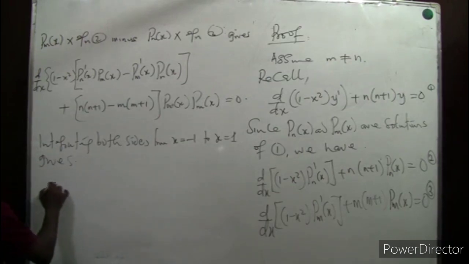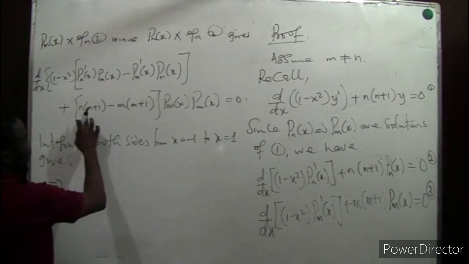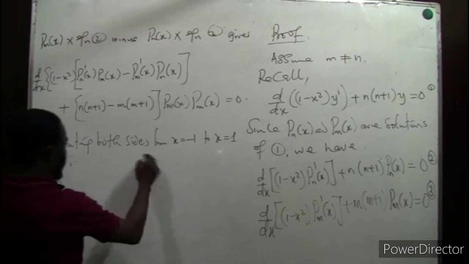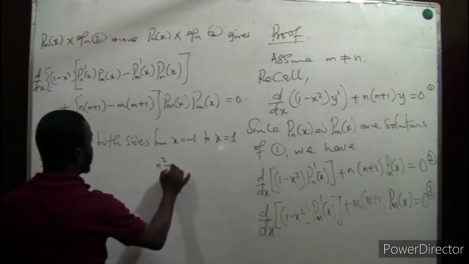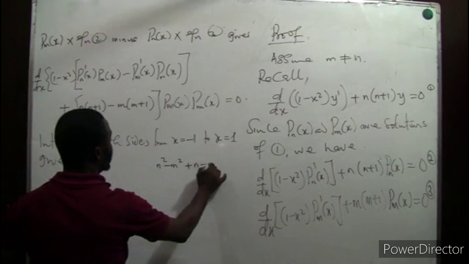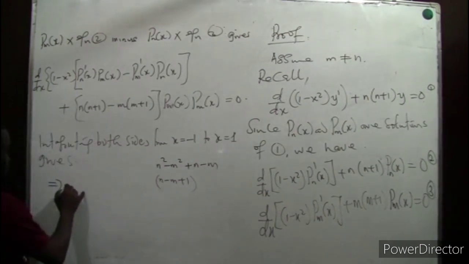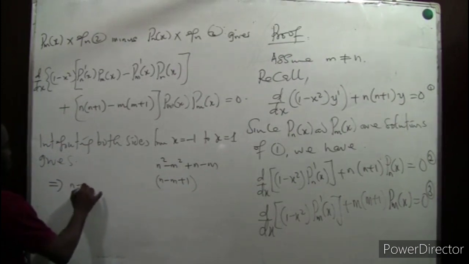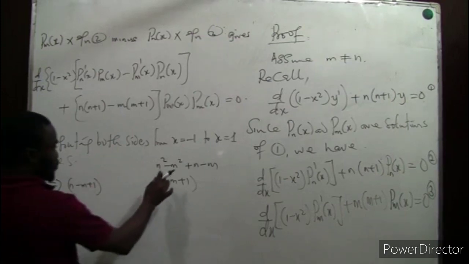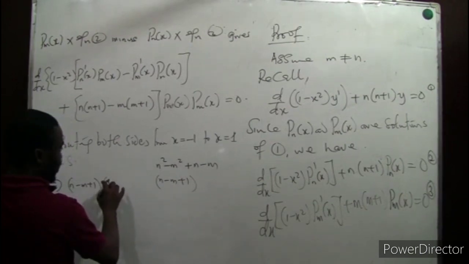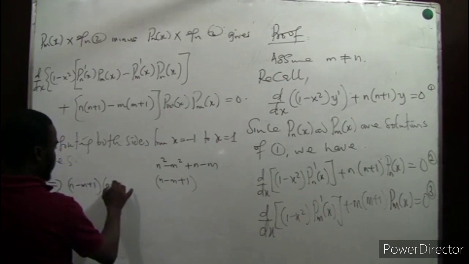And that means that we now have n squared minus m squared plus n minus m. That one is rough work. This gives us n minus m plus 1 and n plus m.